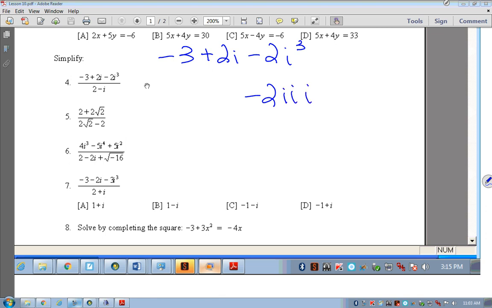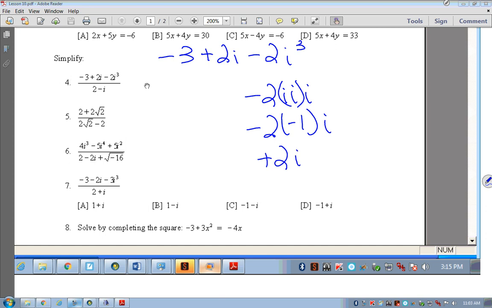What can I do away with? This i squared here, correct? Because that's negative 2i squared, right? Well, what's i squared? So that's negative 2 times negative 1, times i. Negative 2 times negative 1 is positive 2, leaving me with a positive 2i, correct?